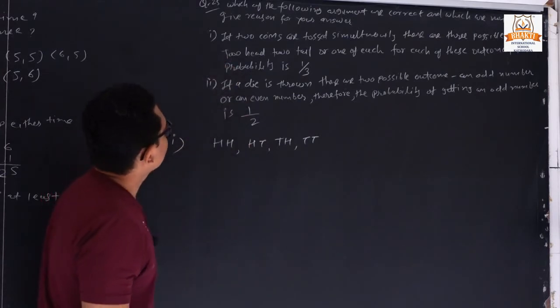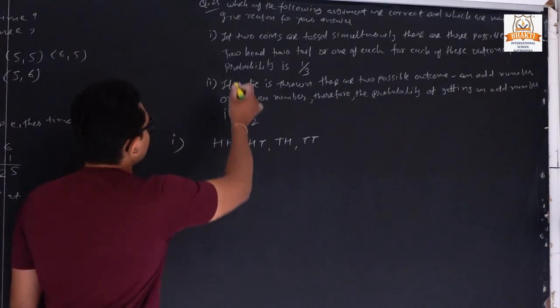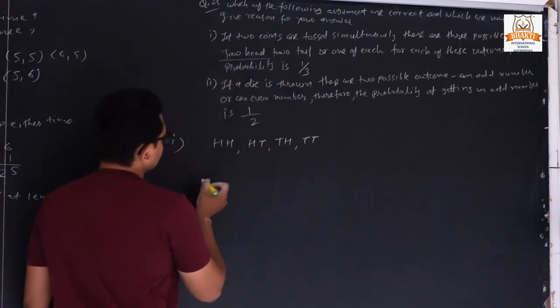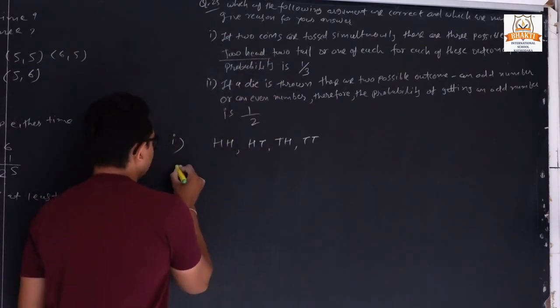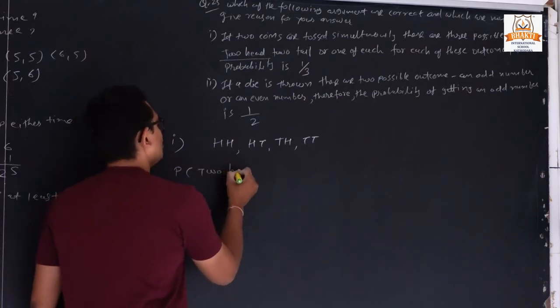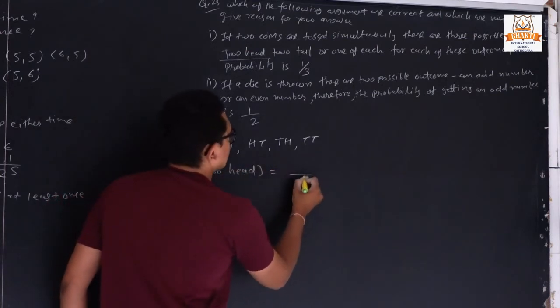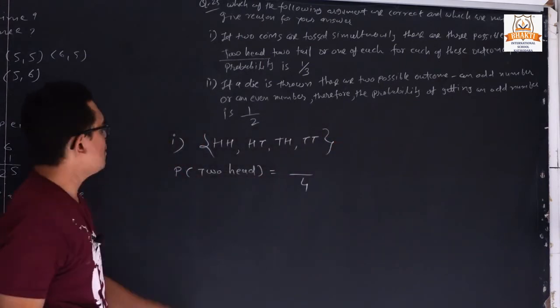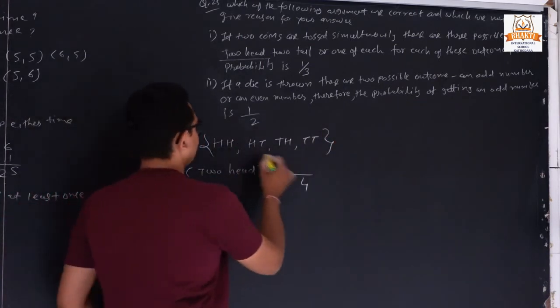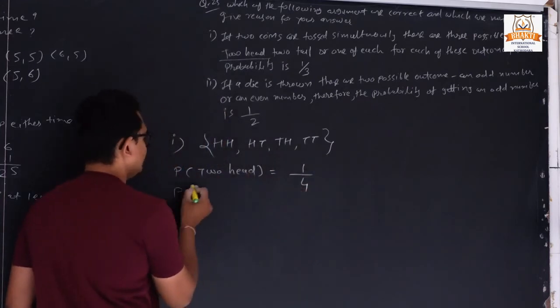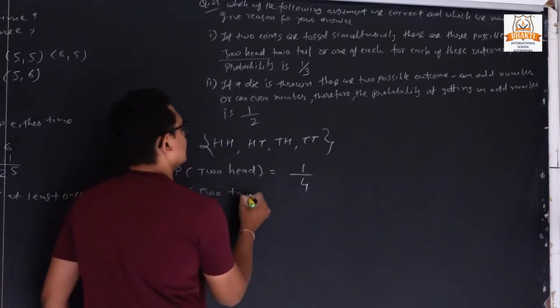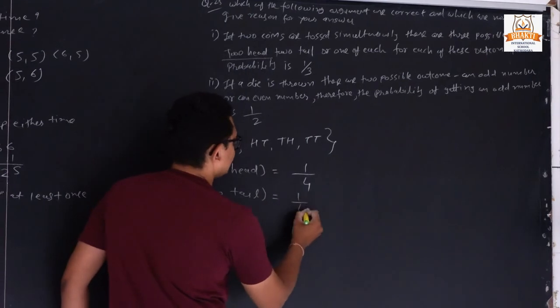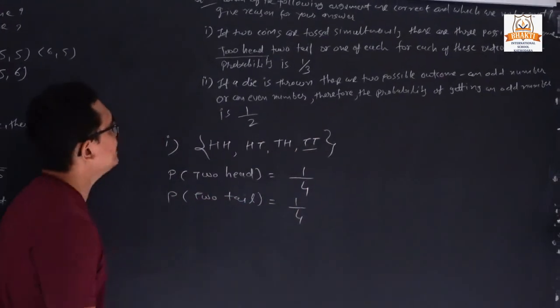So first of all, we can find the probability of 2 heads. Total outcome is 4. Out of 4, how many times is 2 heads? 1. So the answer is 1 by 4. Then 2 tails: once again 1 by 4, because it is only one event.